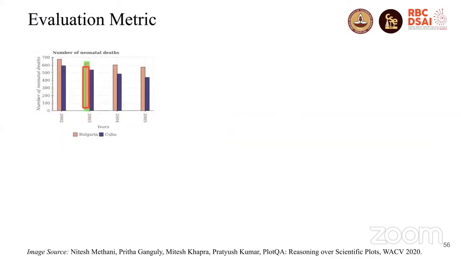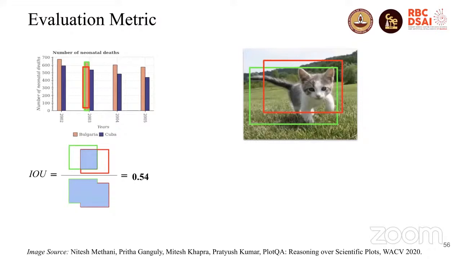Now, if you come to the evaluation metric that I had explained earlier, in object detection, you consider a box to be correct. So I would consider the red box to be correct if the intersection of this box with the true box divided by the union of the two boxes is greater than 0.5, right? That is the standard used for object detection over natural images. But as I explained earlier, this is not good enough for scientific plots, while it may be good enough for natural images.